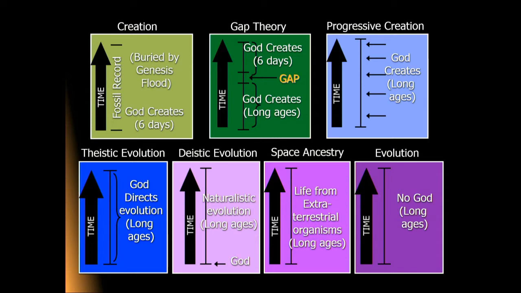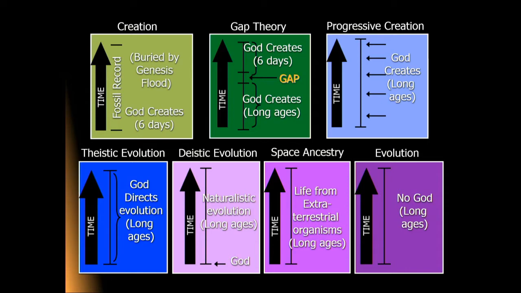A gap theory in which God created 6 days recently, but before that there was maybe the age of the dinosaurs and God decided to start over again or something. That's a gap theory, and there's lots of gap theories. Progressive creation is God uses long ages, but in between those millions of years, there are instances where he creates something here. Now, Christians believe that. Theistic evolution, God directs evolution.